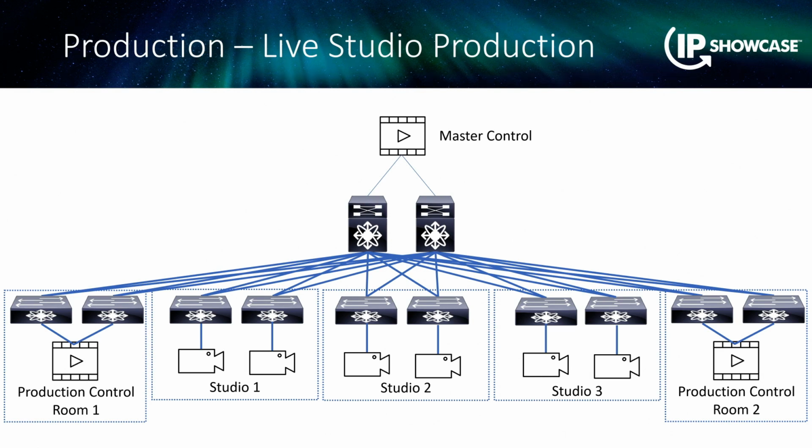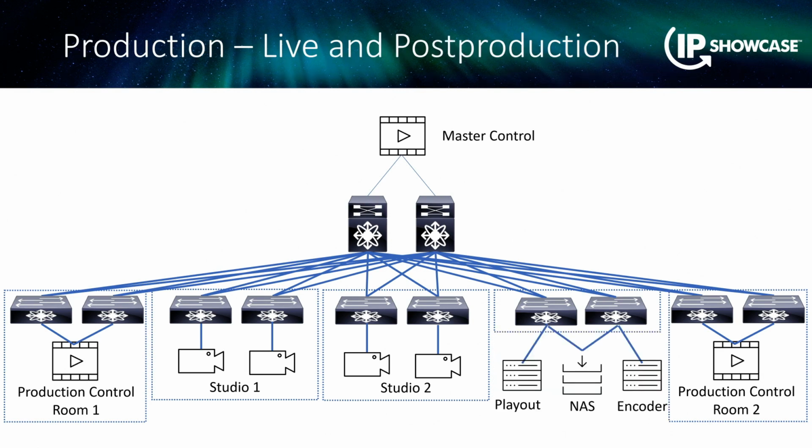But then let's look at another use case: let's say that I want to have my data center on the same network. I could connect my playout server, I could create a NAS or encoder. I can still do it in the same spine and leaf network. I would just dedicate a set of leaves to be connected to those endpoint devices and create my network in this kind of way.